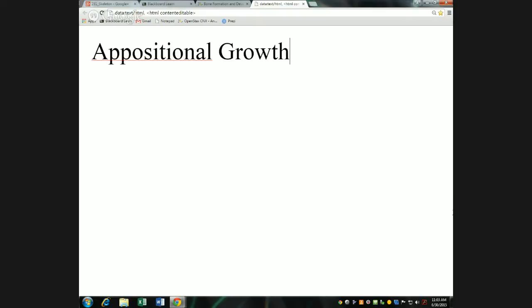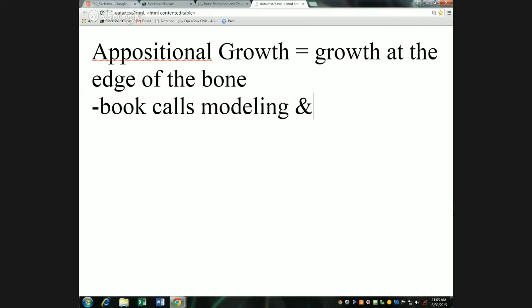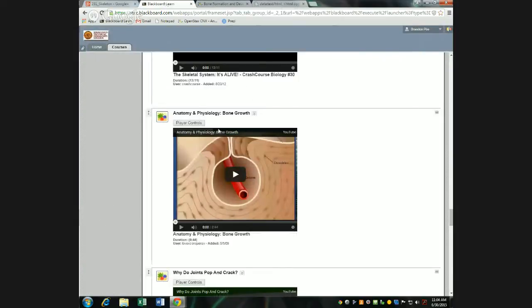So appositional growth is growth in a different direction. Growth at the edge of the bone. This is what the book calls modeling and remodeling. Sort of. So let me play this little video here.